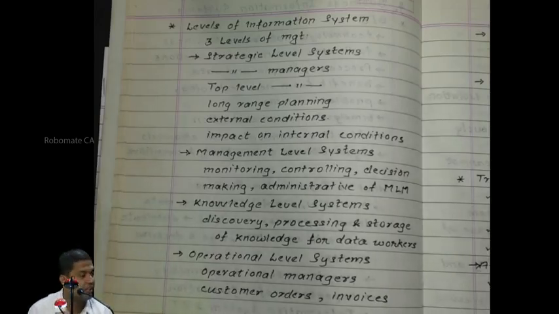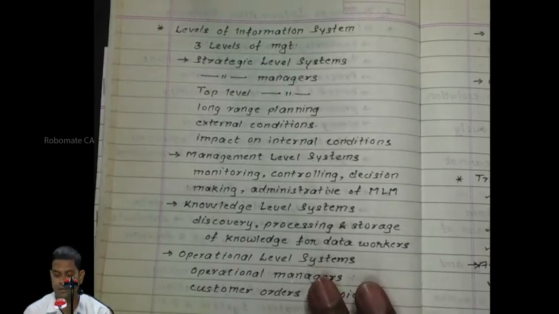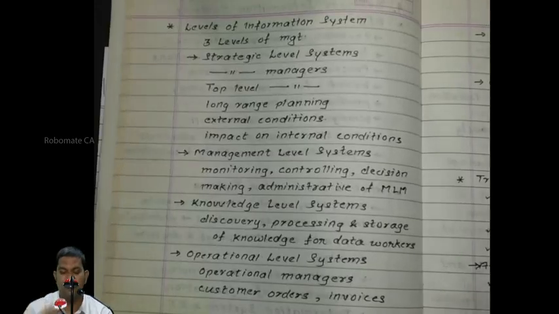Operation means a process, and those people who are managing the process are called process managers or operational managers. They are attending the customer orders, raising the invoices, doing the production, completing the production schedules on time. All such things will be done by the operational level system. So these are the 3 different levels of information system, with a small patch.